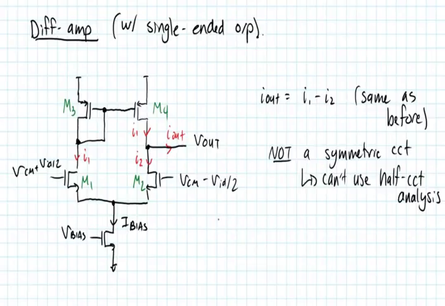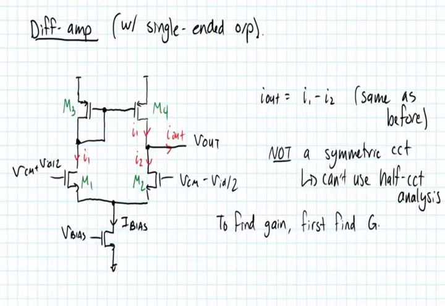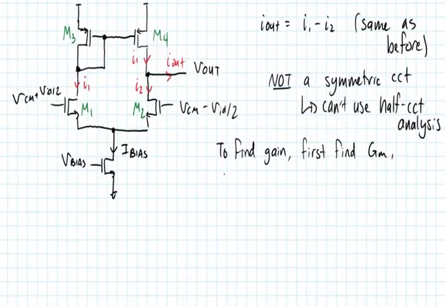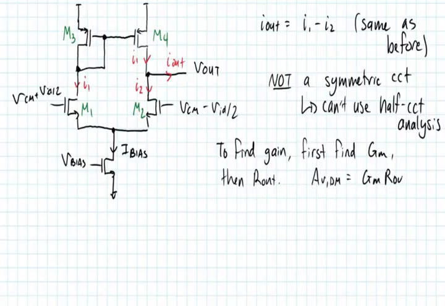A different way to find the gain is to first find the overall transconductance of the circuit, then find Rout, the overall output impedance of the circuit. Then the differential mode gain is going to be the overall transconductance of the circuit multiplied by the overall output resistance of the circuit.